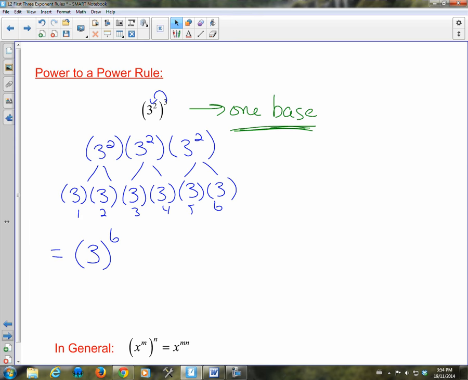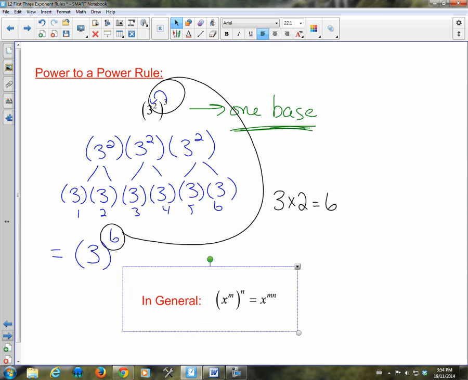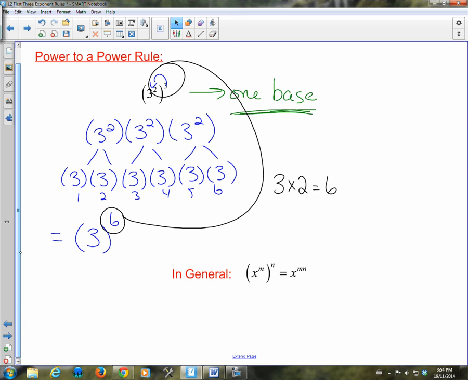And just like with the other ones, the real question is, how does that new exponent relate to the original 2? And if you're good with your number facts, you will know that 3 times 2 is 6. So in general, when I have 2 exponents or more and one base, I multiply my exponents together and I keep my base.